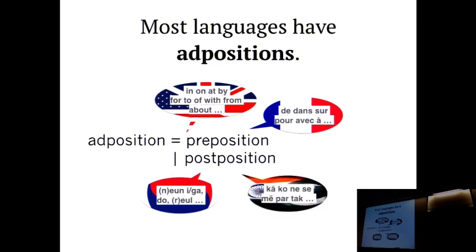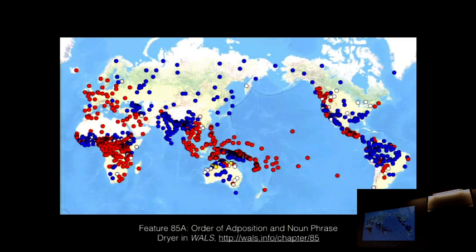It just means the order of the marker is reversed relative to the noun phrase. And here is a map from the World Atlas of Linguistic Structures on which languages have prepositions, which are the red languages, and which ones are postpositional, which are the blue languages. You can see they sort of geographically cluster. Most European languages are prepositional.